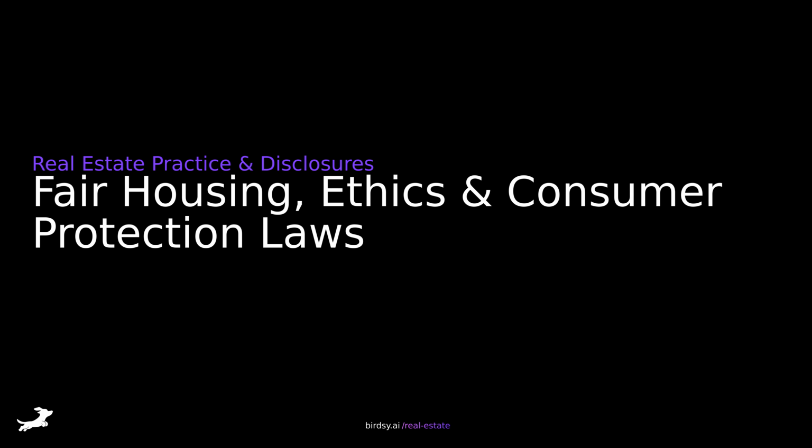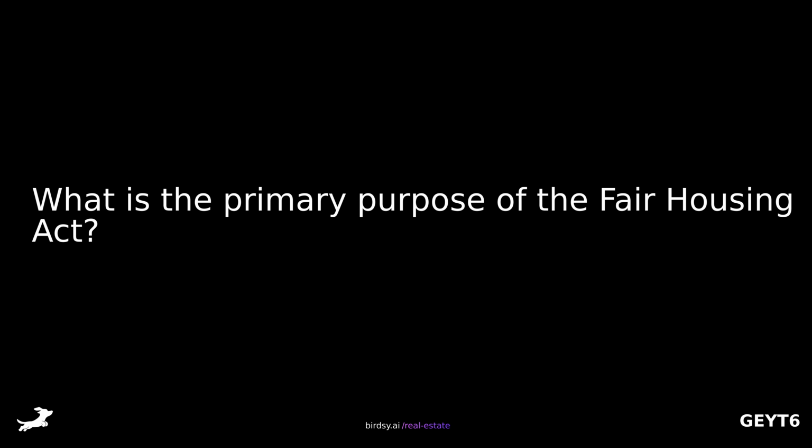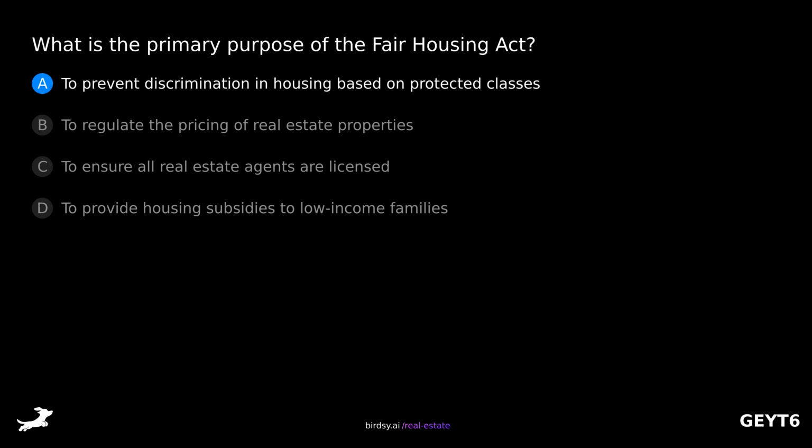Fair housing, ethics, and consumer protection laws. What is the primary purpose of the Fair Housing Act? Is it A, to prevent discrimination in housing based on protected classes? B, to regulate the pricing of real estate properties? C, to ensure all real estate agents are licensed?